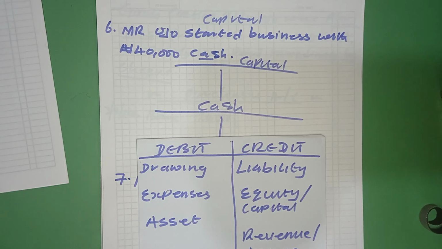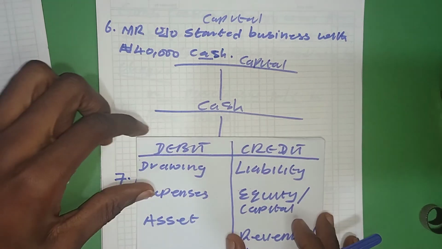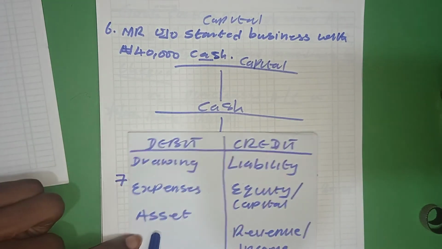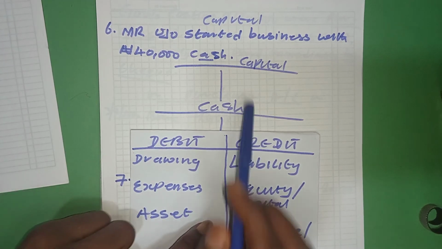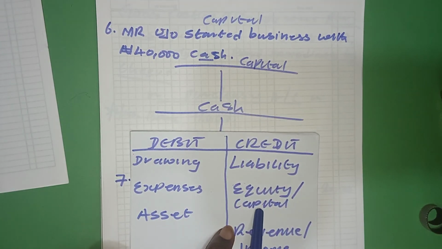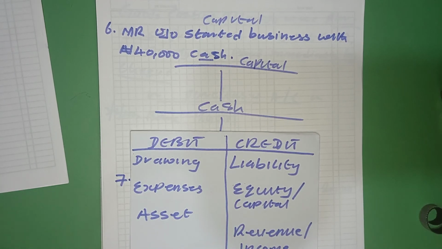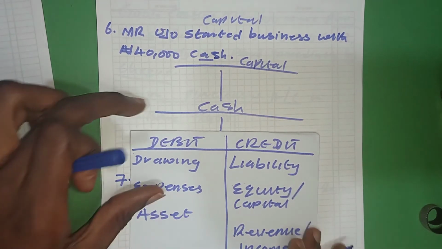People are investing in that business as capital, and the cash of the business is what is increasing. The cash happens to be a current asset, whereas the capital here is a credit balance. You understand?